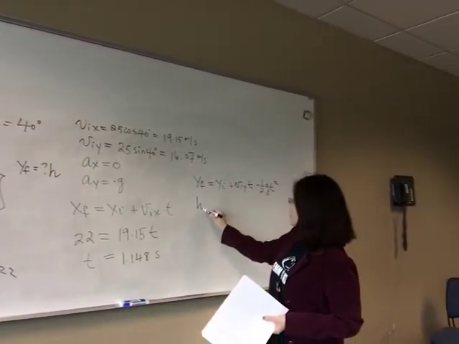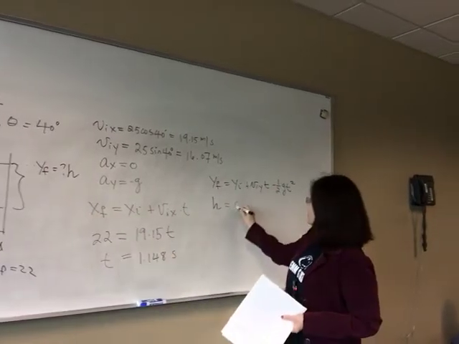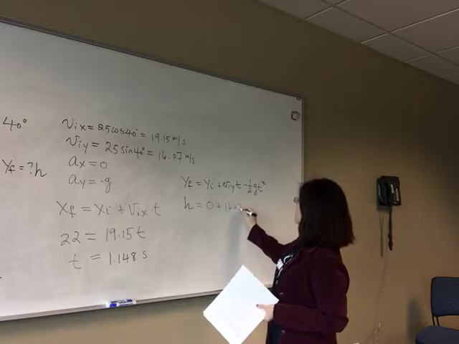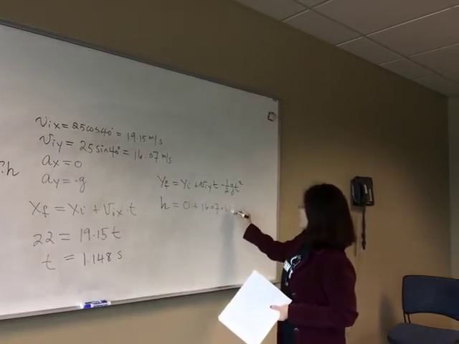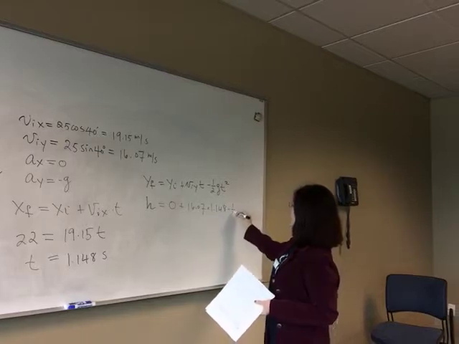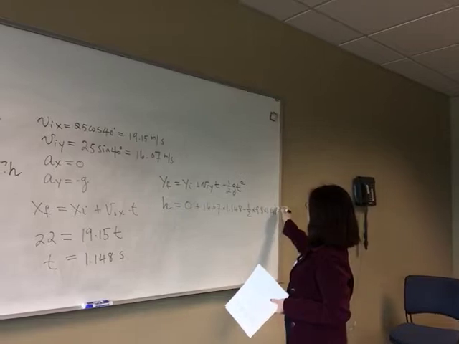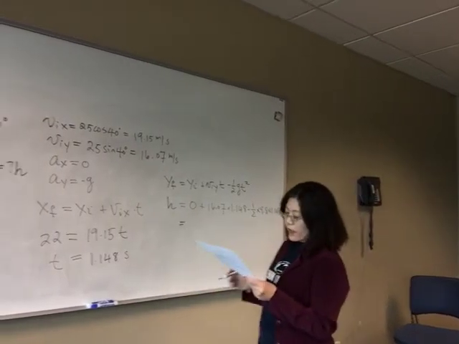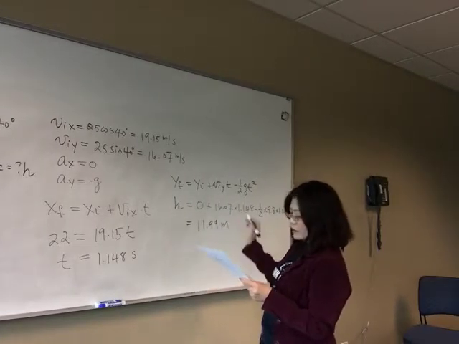The initial height is set at 0, and the initial velocity is 16.07 times the time we just found, minus 1/2 times 9.8 times 1.148 squared. After you've done the math, you should have your height calculated to be 11.99 meters.